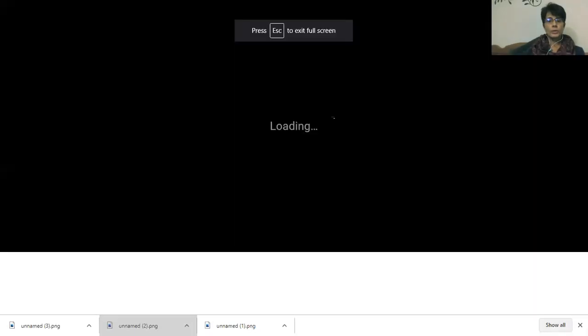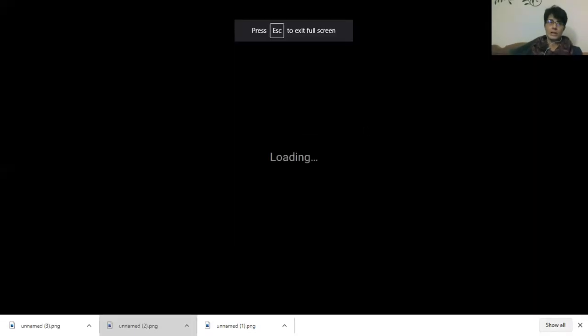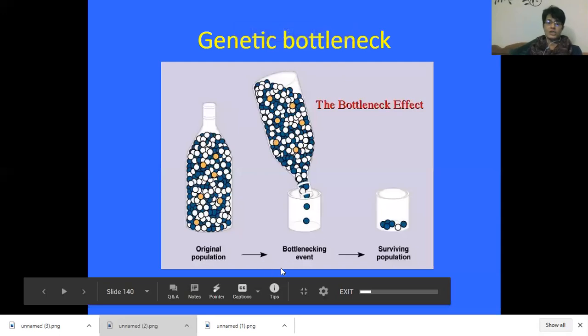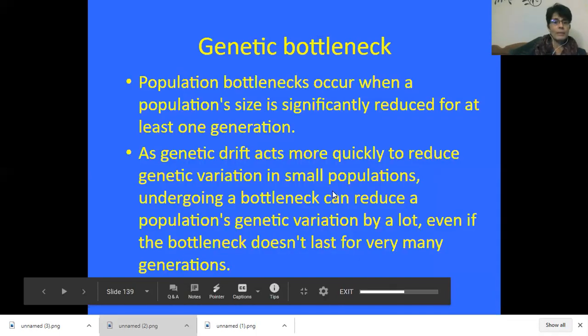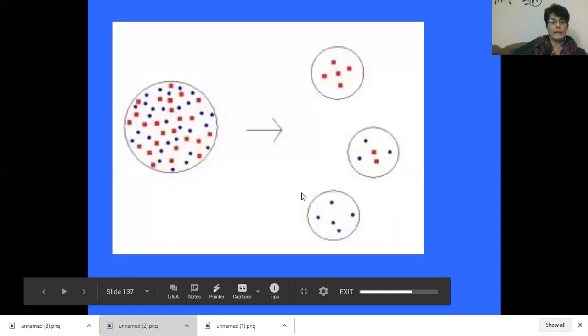Okay, so we were talking about genetic bottlenecking. So now, founder effect and genetic bottlenecking are both ways in which the population is reduced. Okay, let's just go back a bit. With the founder effect, the population is reduced because a small part of the population migrates to another area.